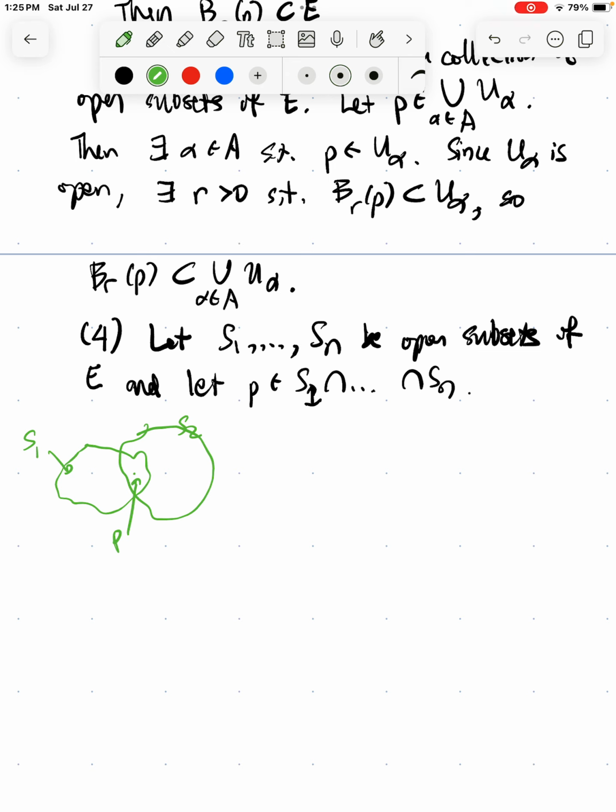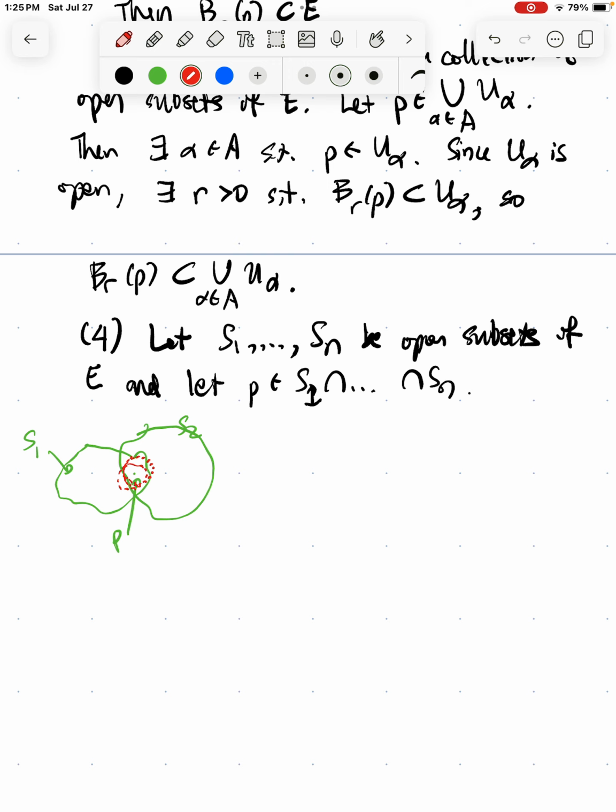Well, the idea is that since P is in S1, there's going to be some ball centered at P that's contained in S1. And you also know that there's going to be some ball centered at P of some radius that's completely contained in S2.